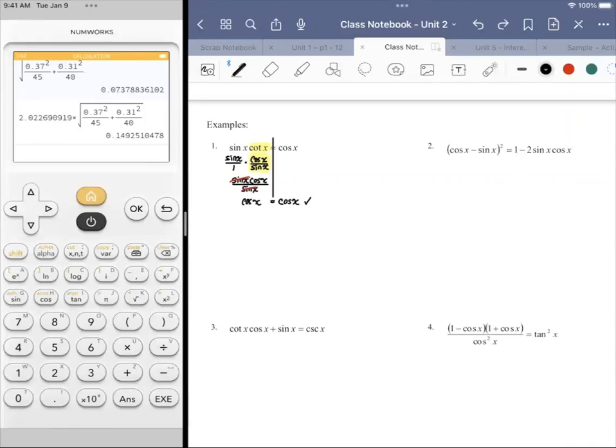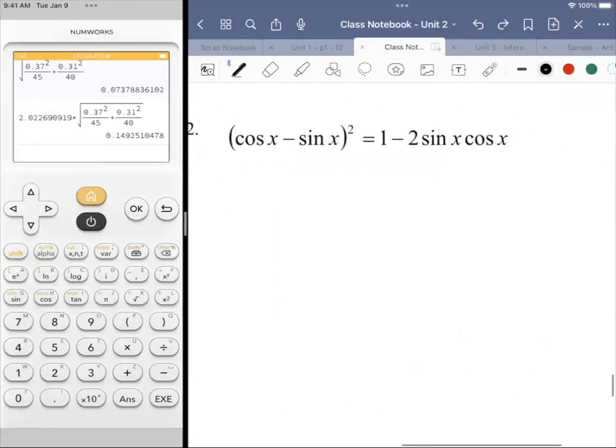Sometimes you might want to alternate back and forth, as long as you don't add or subtract something from one side of the equation to the other, and as long as you don't multiply or divide both sides of the equation by something. If at any point you're doing something to both sides of the equation, then you know you're going off the rails, right? So that's why I draw the impenetrable barrier right down the pipe here.